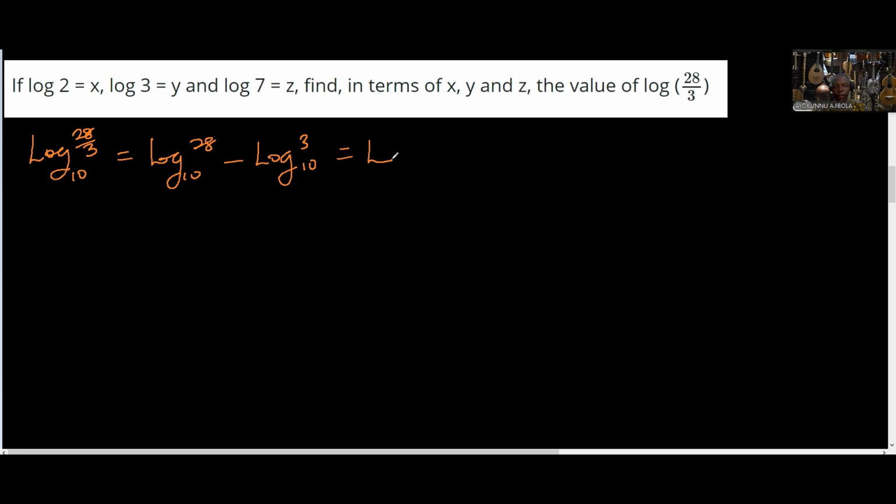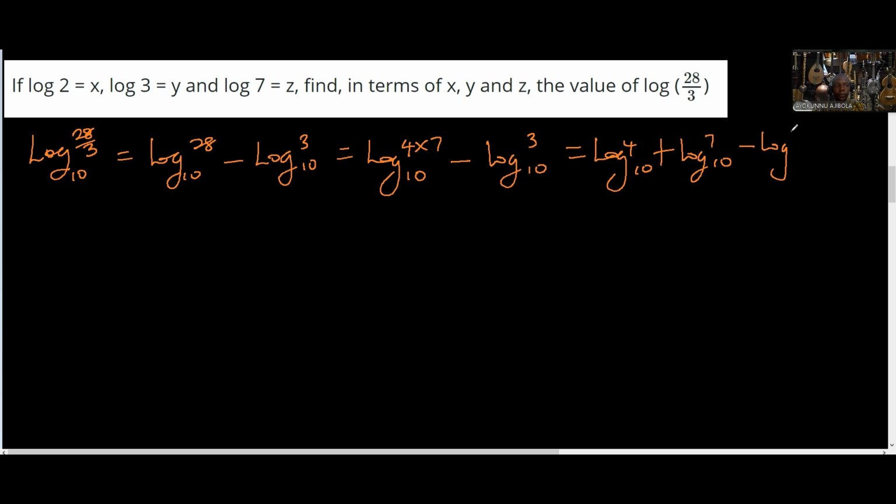That will be log 4 times 7 base 10, still minus log 3 base 10. Then we can split this 4 and 7. That will be log 4 base 10 plus log 7 base 10, then minus log 3 base 10.